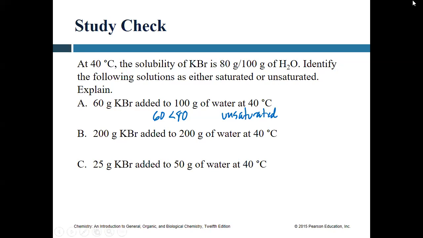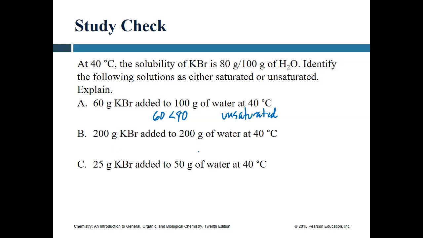With parts B and C, now it gets a little bit more interpretive. So I got to do a little bit of math since I don't have exactly 100 grams. So I've got 200 grams of water, and I try to add 200 grams of potassium bromide to it.